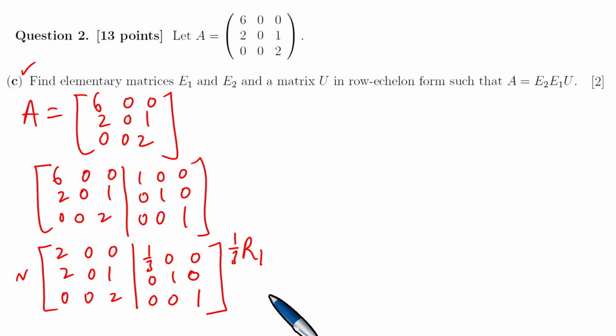Can we do something different with it? Subtract row 2 and row 1. But remember, we only need two elementary matrices, and this is going to give us like 3. So it's going to give us a few more matrices.